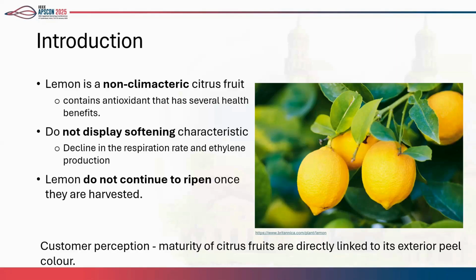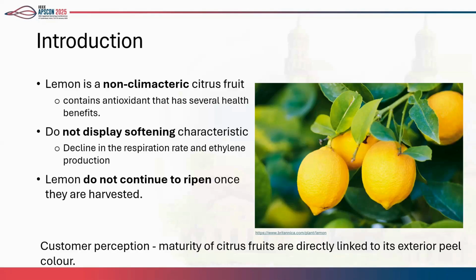This happens due to the decline in the respiration rate and the ethylene production. Whereas in climacteric fruits such as banana, when you harvest, they usually produce ethylene, which results in the degradation of chlorophyll present, which results in the ripening of the fruits.